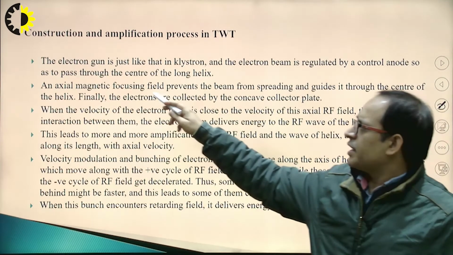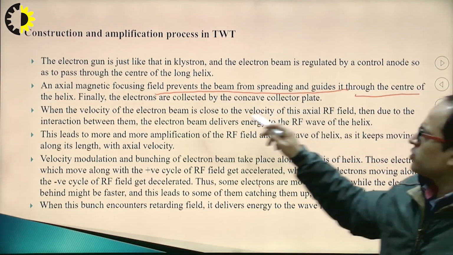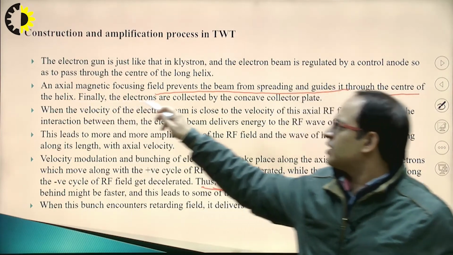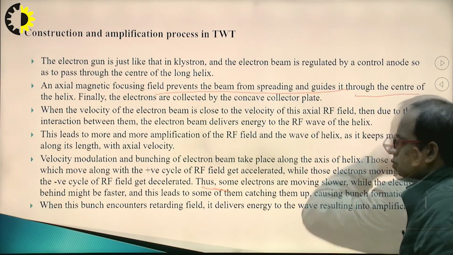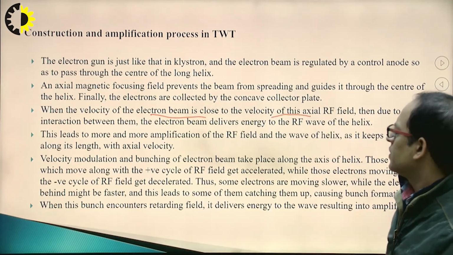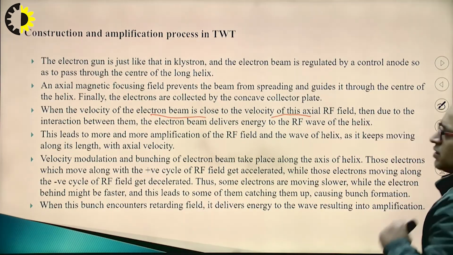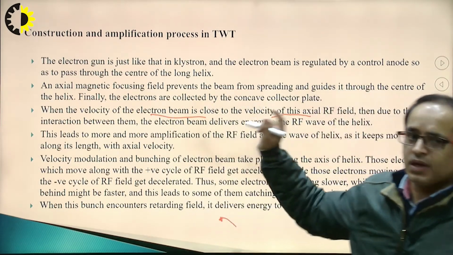This axial magnetic focusing field prevents the beam from spreading and guides it to the center of the helix. Finally, the electrons are collected by the collector. Now, when the velocity of the electron beam is close to the velocity of the RF field, then there will be interaction between the electron and the RF field.